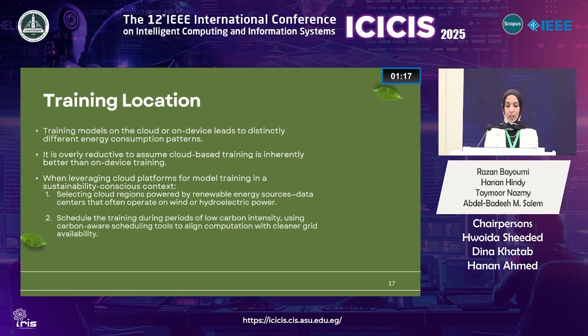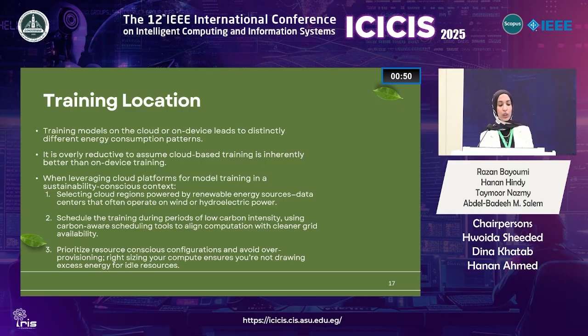This is the first and second thing, and we also need to schedule the training during periods of low carbon intensity, as in the same country the carbon intensity differs from one time zone to another based on solar energy or fuel energy.